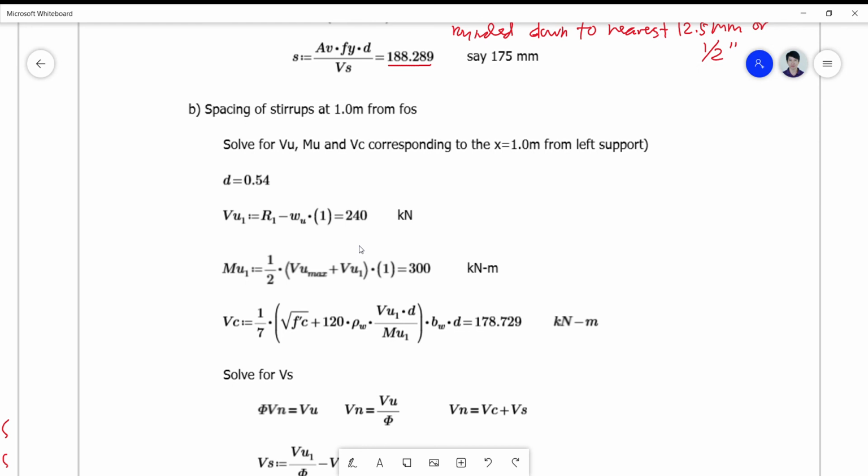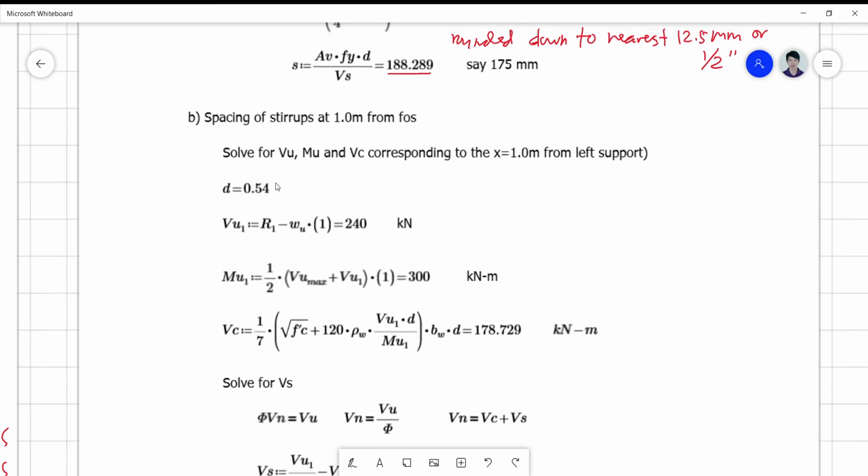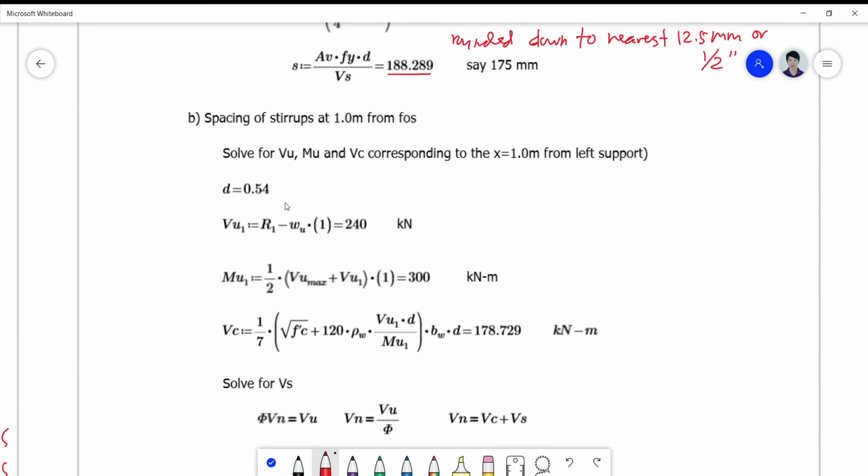So the spacing of stirrup at 1.0 meter can be solved using the same procedure. So first we solve for Vu, Mu, and Vc corresponding to the x distance, which is 1 meter from the left support. So take note that d is already in meter this time, as was used on the previous step.